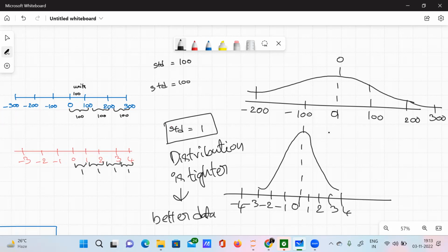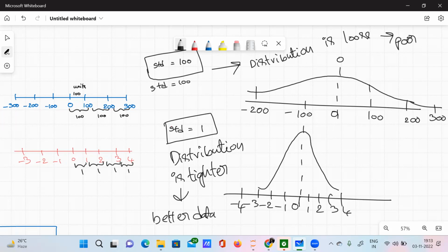If the standard deviation is high, then you can say that the distribution is loose here. So you can say that it is poor data. This data is not actually explaining much.